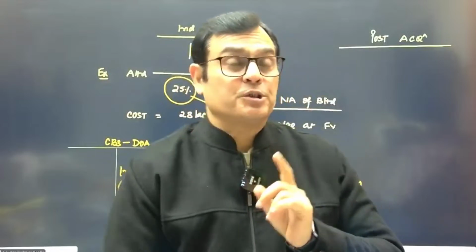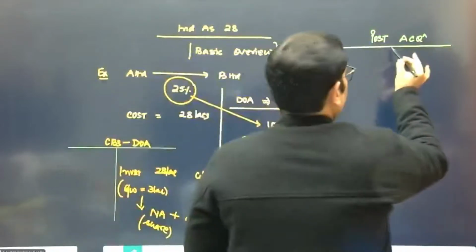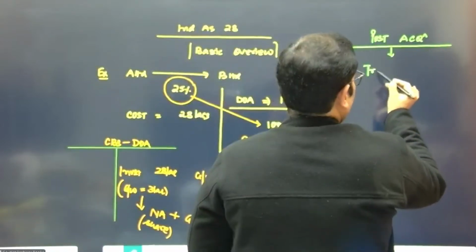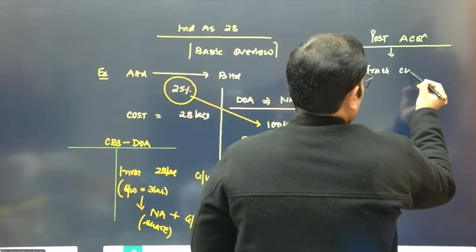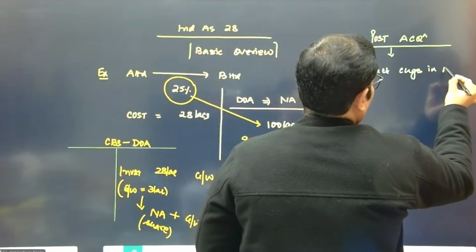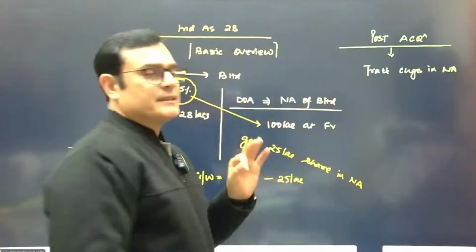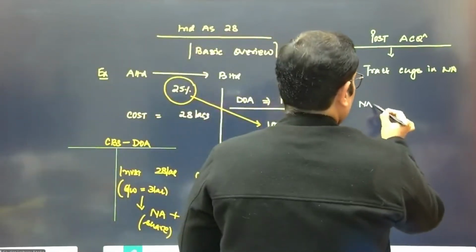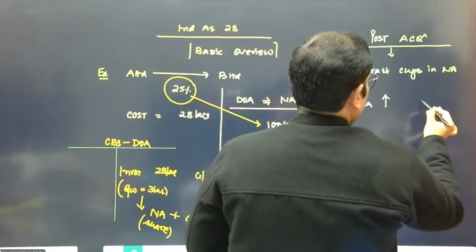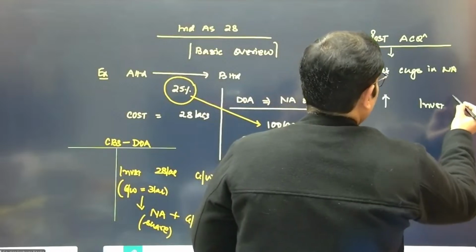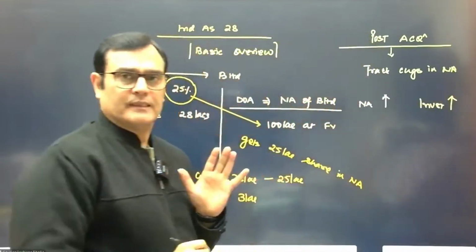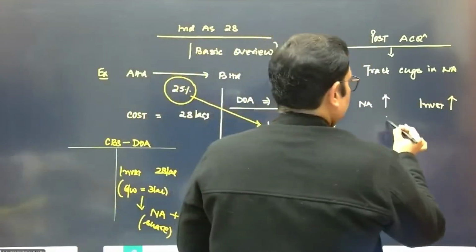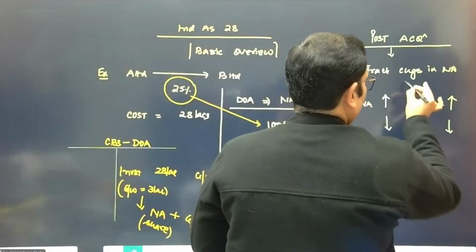In the post-acquisition, we will track the changes in the net assets. And the simple concept which will apply is that if the net assets of the associate go up, the investment is to be increased. If the net assets go down, the investment is to be decreased.